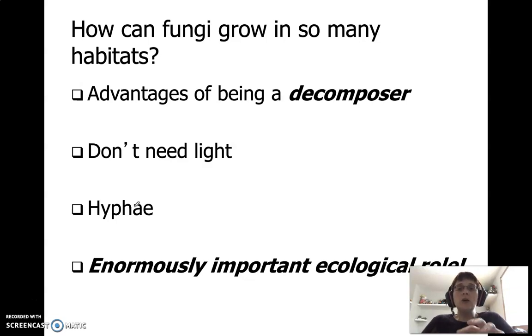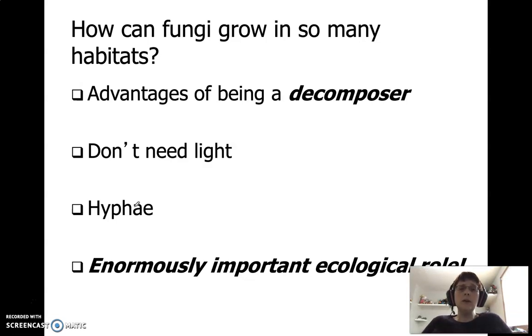They work to return things like carbon and nitrogen and phosphorus and other things, the smaller minerals like calcium, back into the soil and the water so that they're available for the plants to take back up and turn back into food for everybody else. Or the carbon will be returned back into the atmosphere so that it can be absorbed as carbon dioxide by the plants and again be made into food.